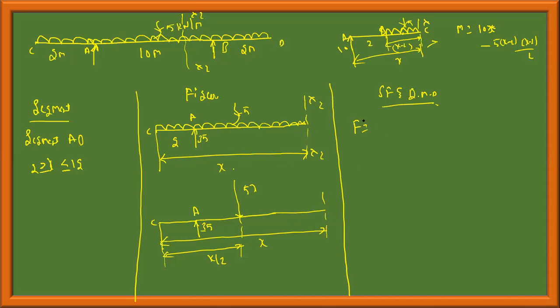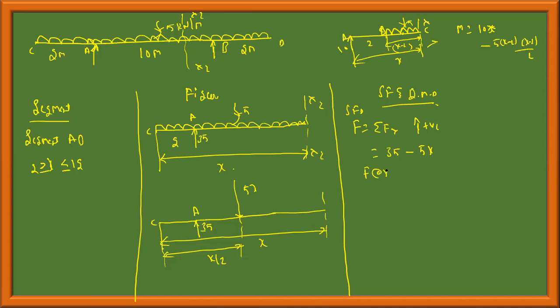Shear force, SFD, is equal to summation of vertical forces, F of x, acting upwards is positive. Therefore 35, and then since it's a UDL, I have to take it in terms of x, linearly varying. 35, acting downwards is negative according to our convention, minus 5 into x.